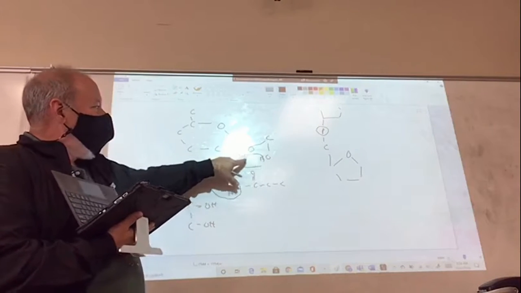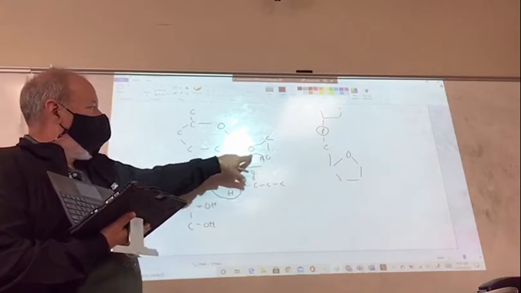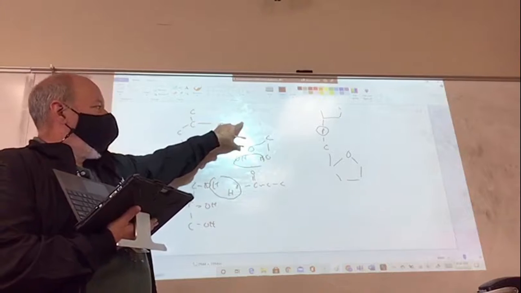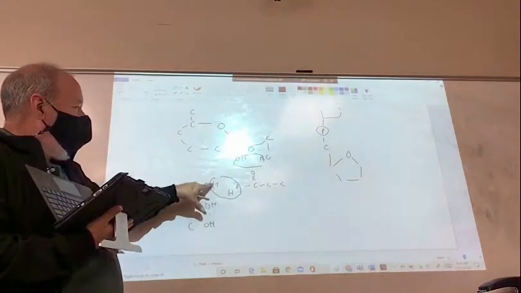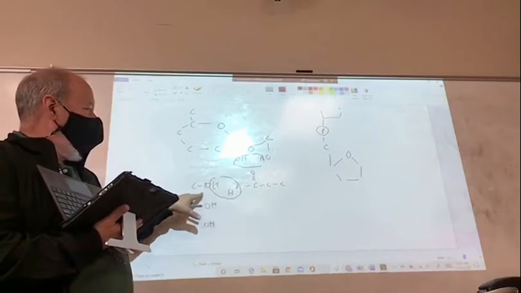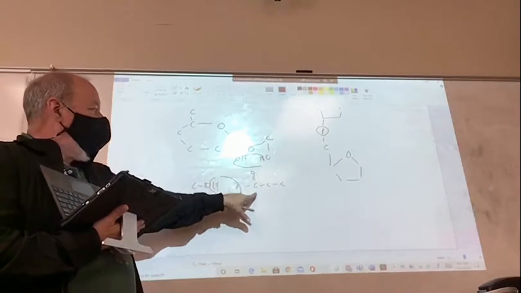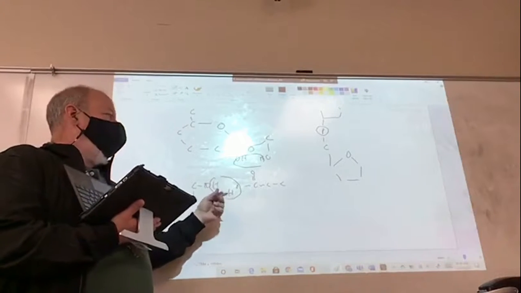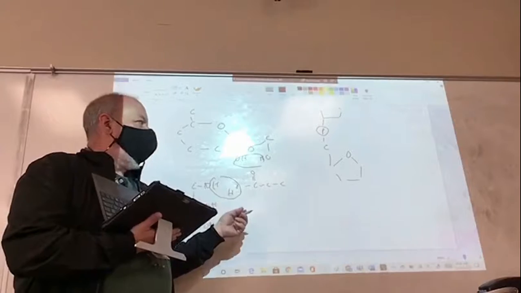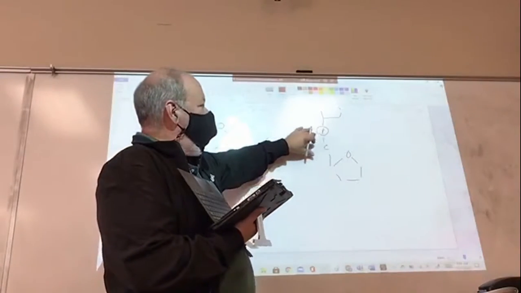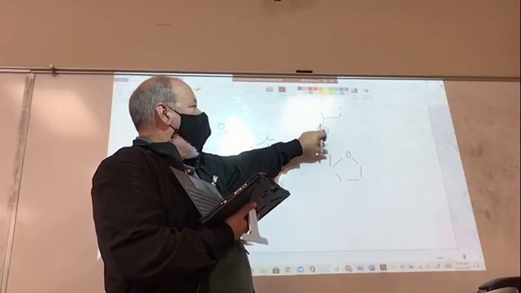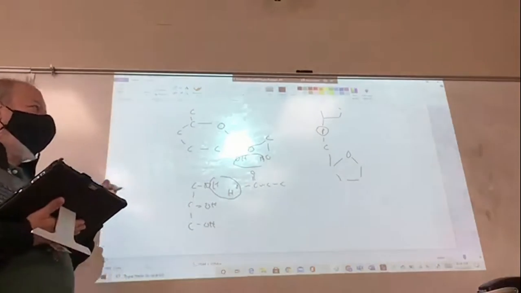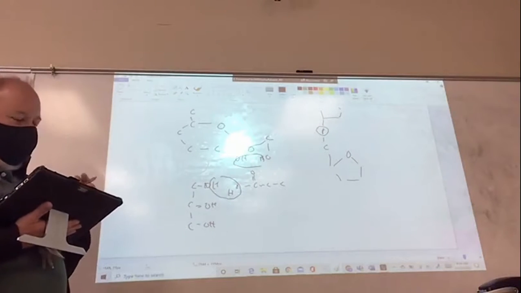We hook together OH groups to connect sugar molecules together, and these are basically storage products. We hook OH groups with COOH groups together in fats, and these are also storage products, energy storage products, or they're lipids that we use in cell membranes. With nucleic acids, we hook things together with phosphate groups, and we'll talk more about that when we talk about DNA and RNA and how genetics work.